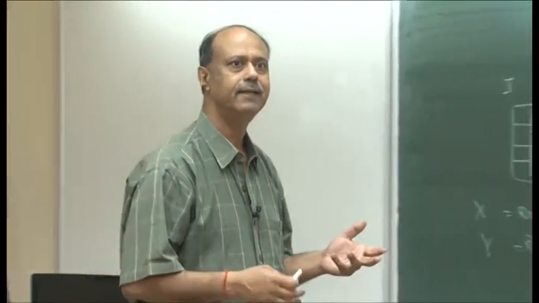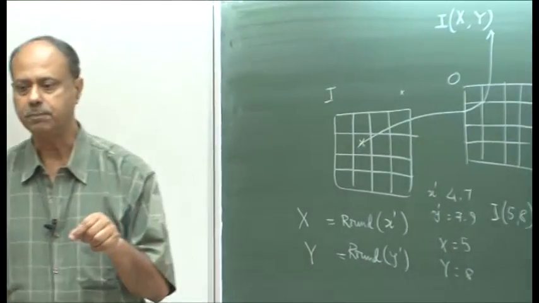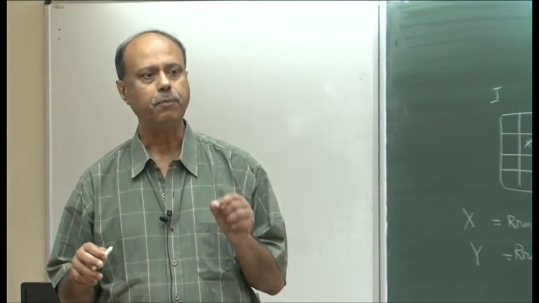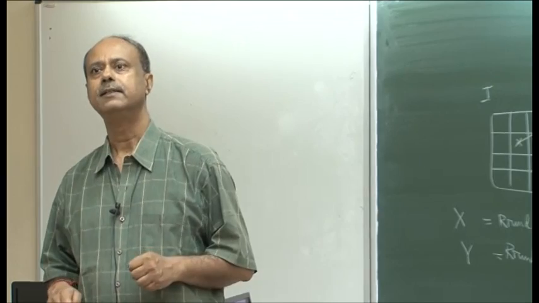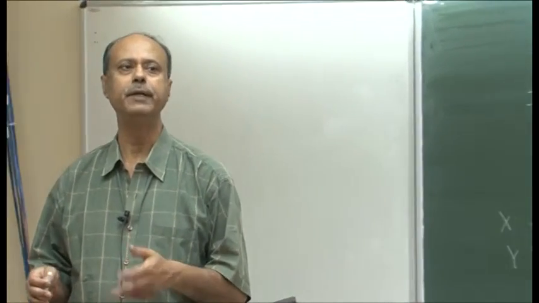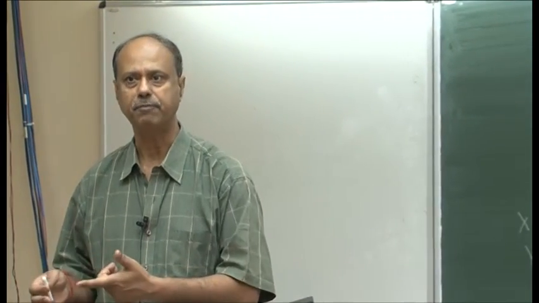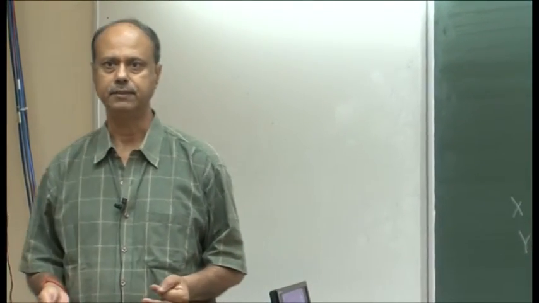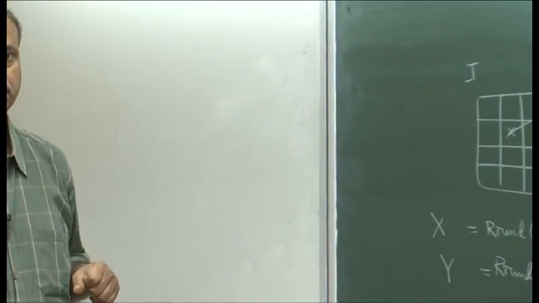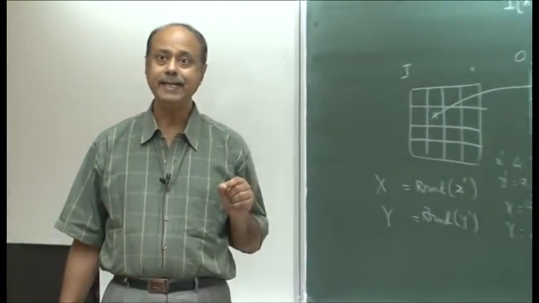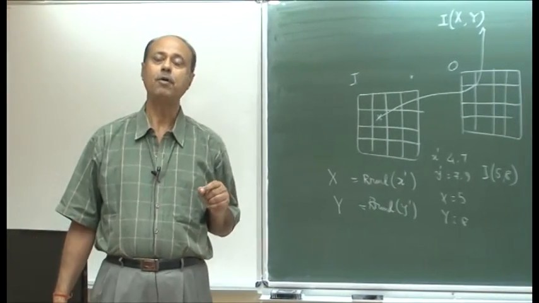But in reality, suppose a pixel represents 1 meter by 1 meter, then basically the error will be 0.5 meter in the x direction and 0.5 meter in the y direction. That is the error, right? The method is very simple, but it creates a little problem.